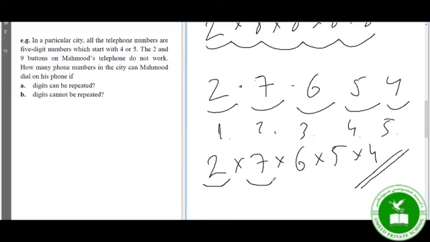For the second digit, as he used 4 or 5, and the total number of working digits on his phone is 8, one is used, so 7 are left. For the third one, 6 are left. For the fourth one, 5 are left. And for the fifth one, 4 choices are left.